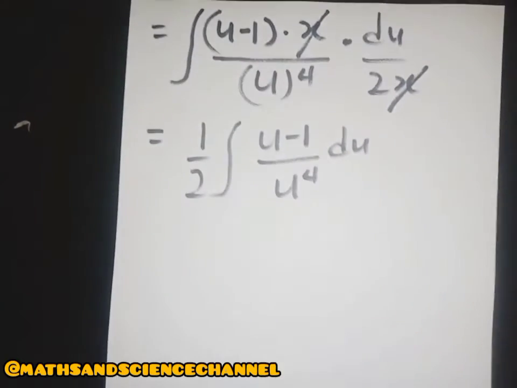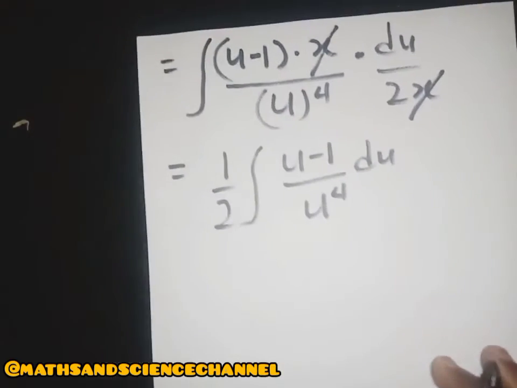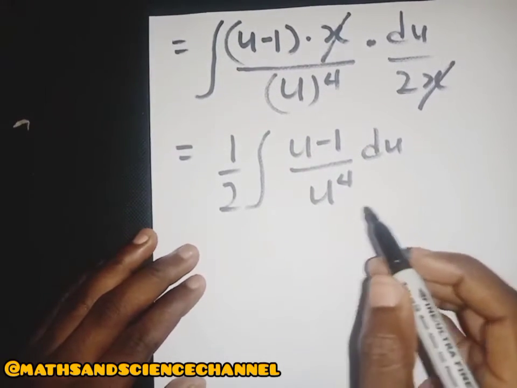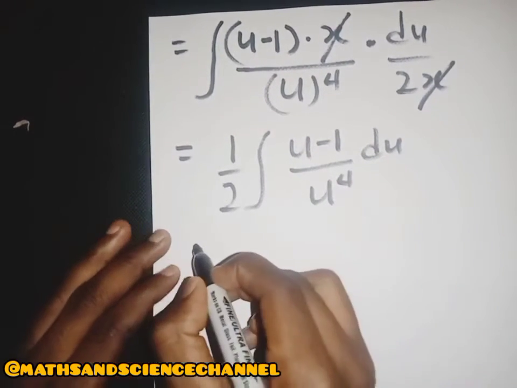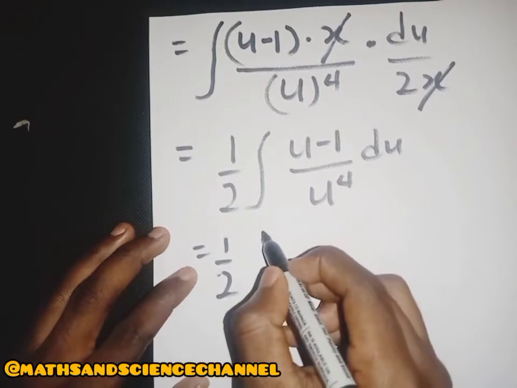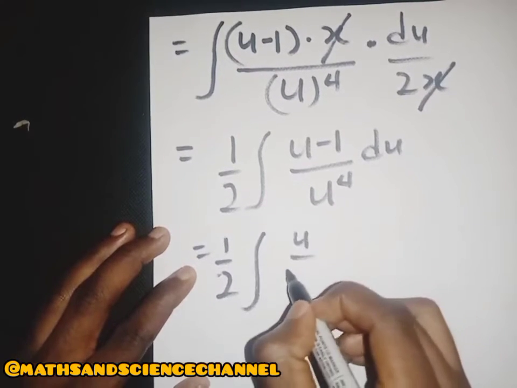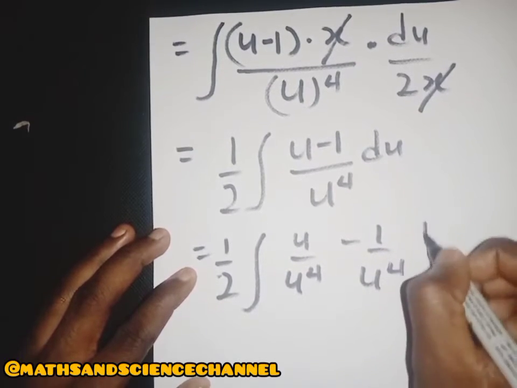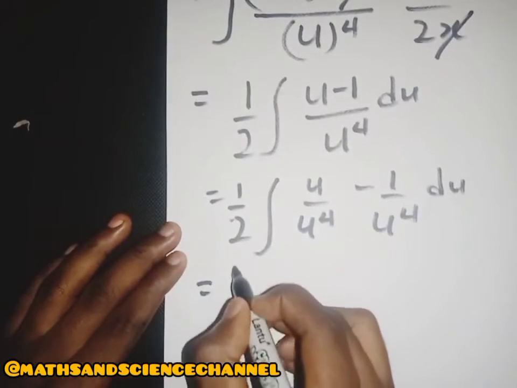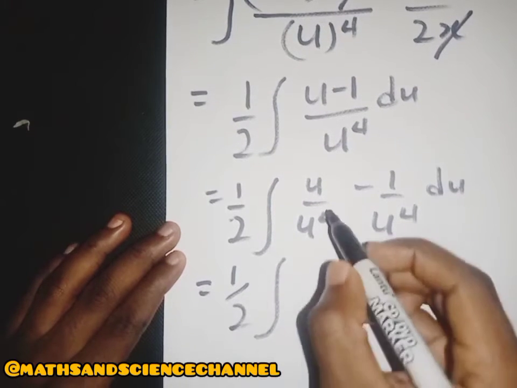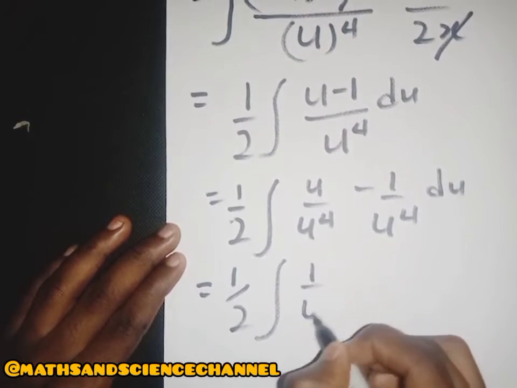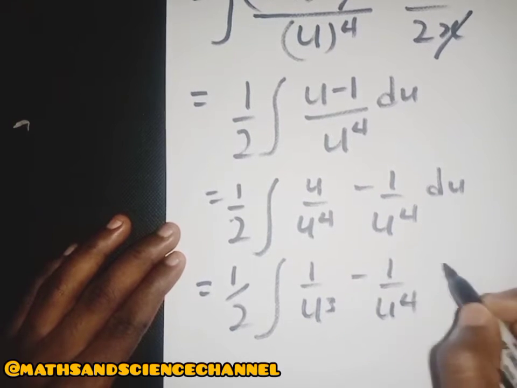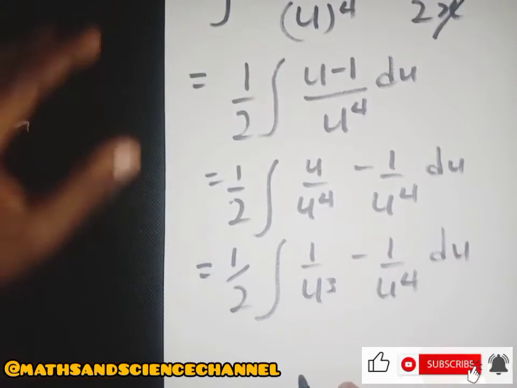So from here we can further simplify this. When we simplify that, another thing we can do is separate them. So we can have u over u to the power 4 minus 1 over u to the power 4 du, and this will just be equal to 1 over u cubed minus 1 over u to the power 4 du in this case.